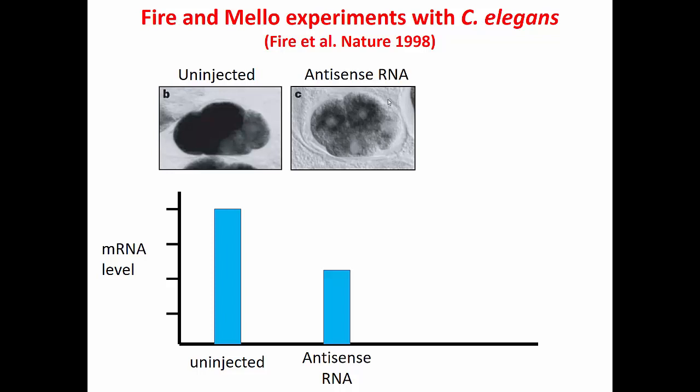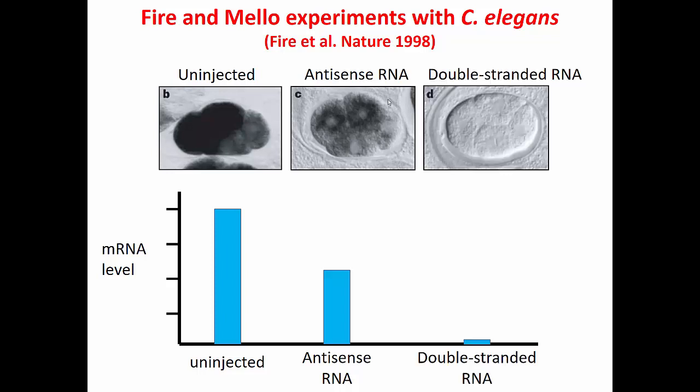As a control in this experiment, they took the normal messenger RNA sequence and antisense RNA, and they hybridized them together prior to injecting it into that embryo. And they were really surprised to see that that double-stranded RNA strongly inhibited all of the endogenous normal messenger RNA for that particular gene.